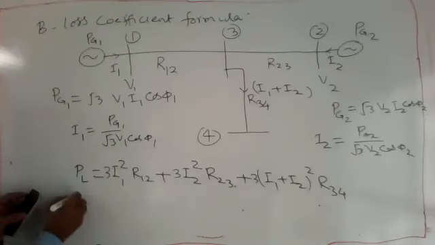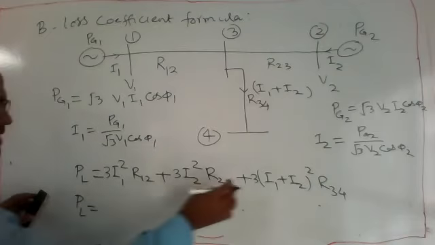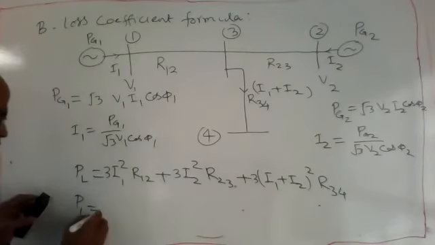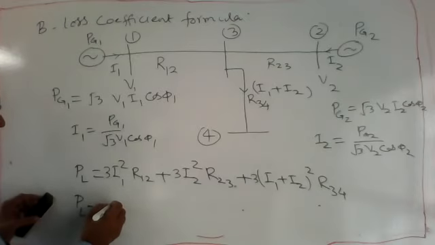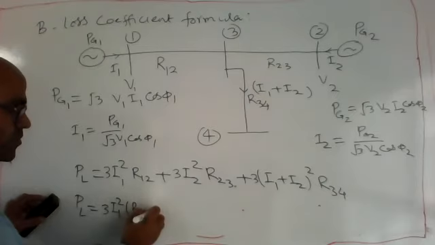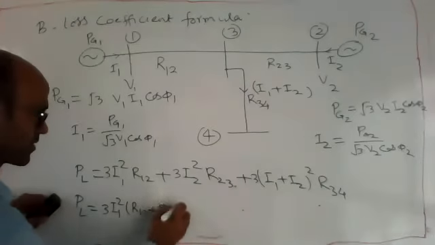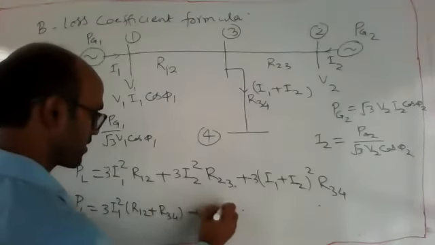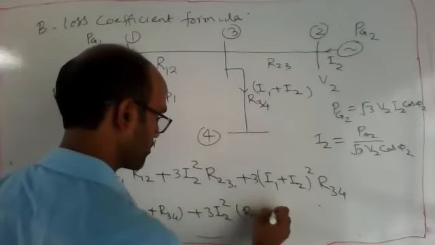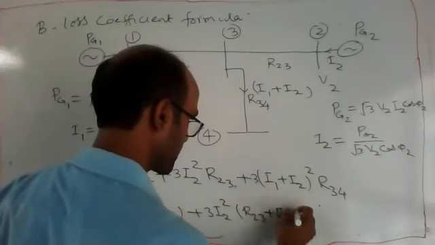Now open this expression and put these values of I1 and I2 in it. If you open it, you get I1 square and I2 square also. So you get 3 times I1 square into (R12 plus R34), and 3 I2 square into (R23 plus R34).